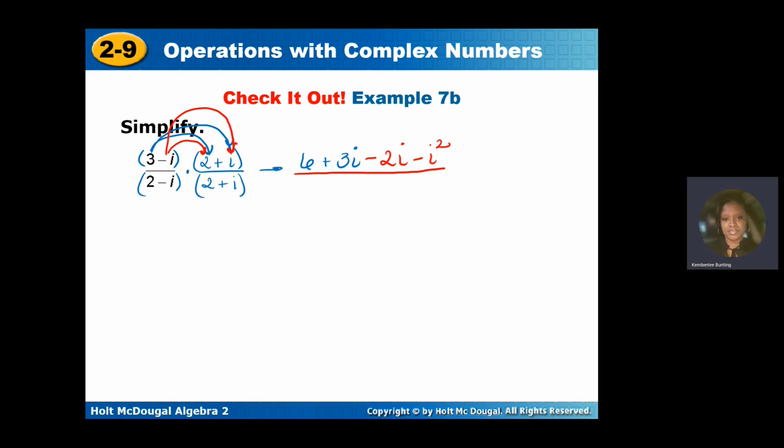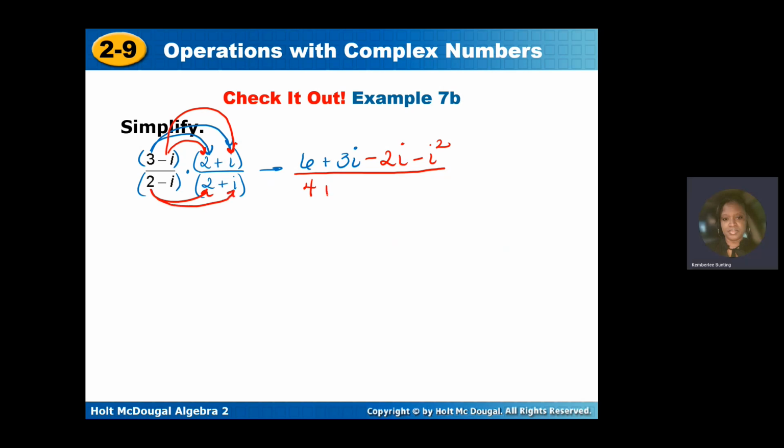Okay, so far so good? All we're doing is FOILing. Angel, do you have a question? All right. So now in the denominator, we're going to do the same thing. 2 times 2 is 4.